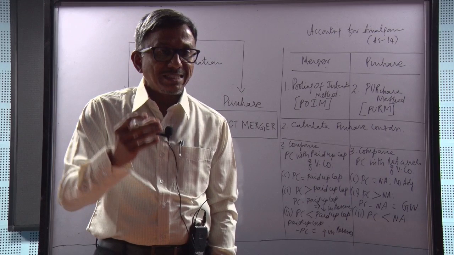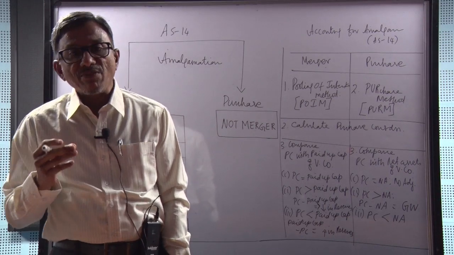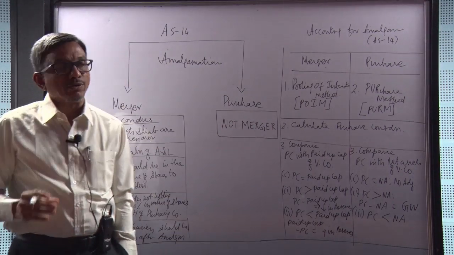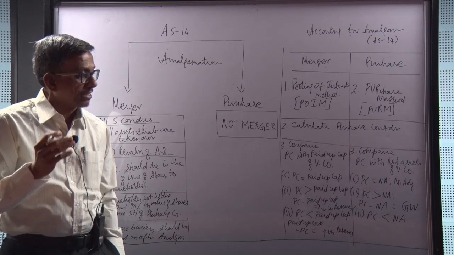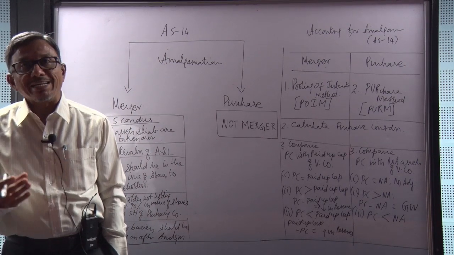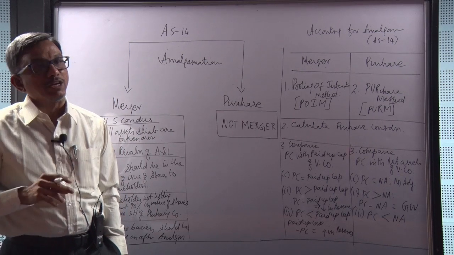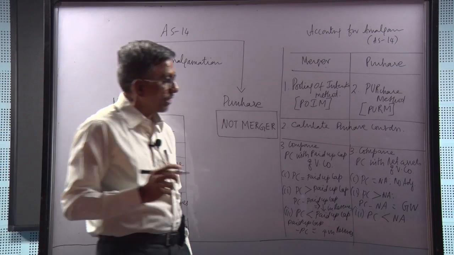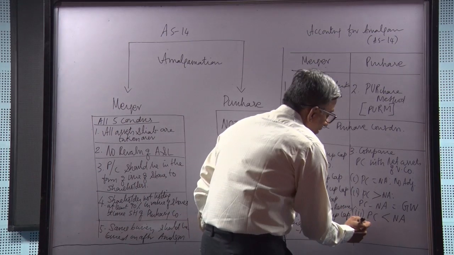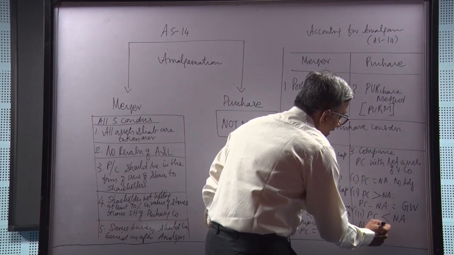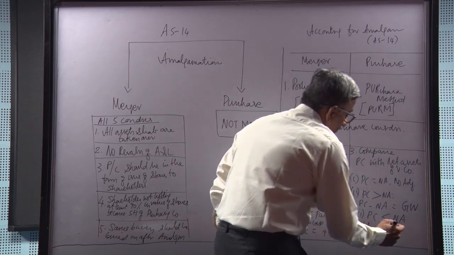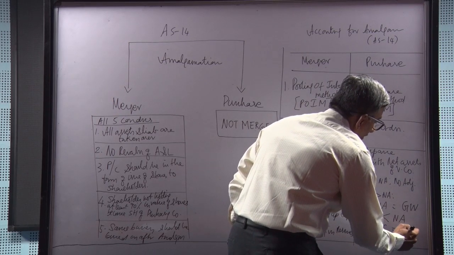If the consideration is less, the gain is of capital nature. Therefore, the difference between the net asset and purchase consideration should be recognized as a capital reserve in the balance sheet of the transferee company after amalgamation. So, in this case, what we should do? We have to calculate net asset minus consideration, that will be equal to capital reserve.